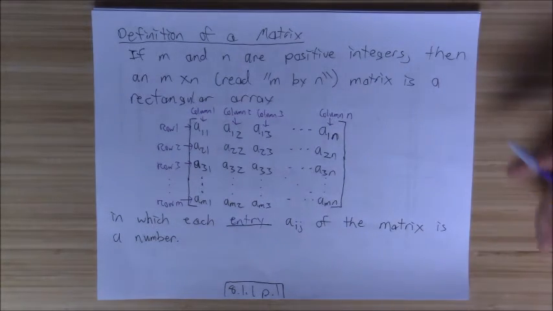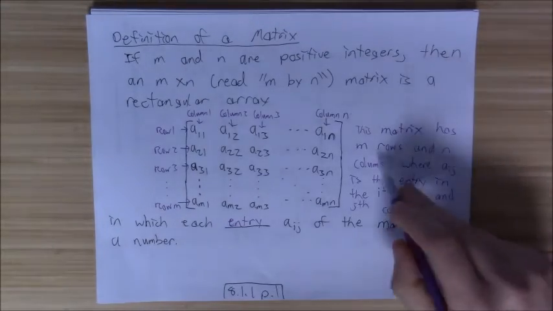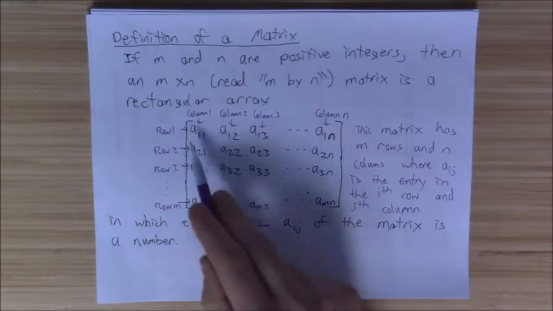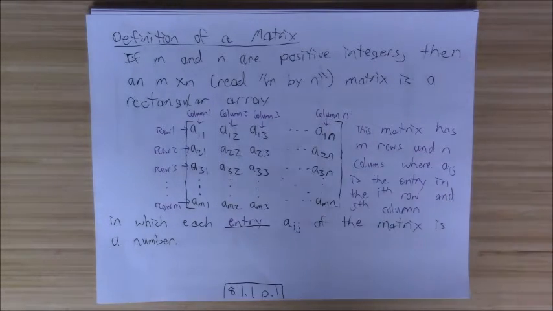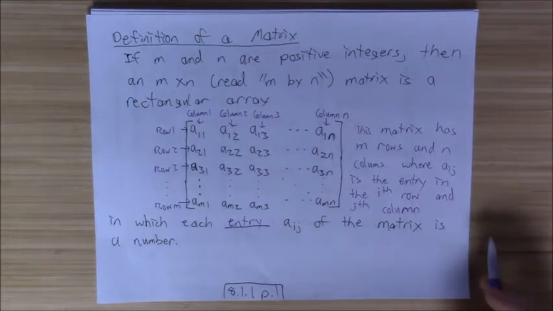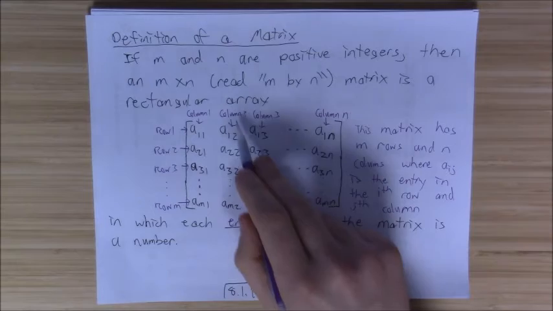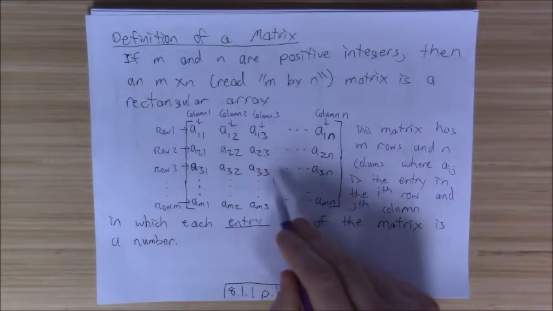Namely, what we notice is that this matrix has m rows and n columns, where each Aij entry is in the ith row and the jth column. Namely, A32 is in the third row and the second column. So that's how these double subscripts work.